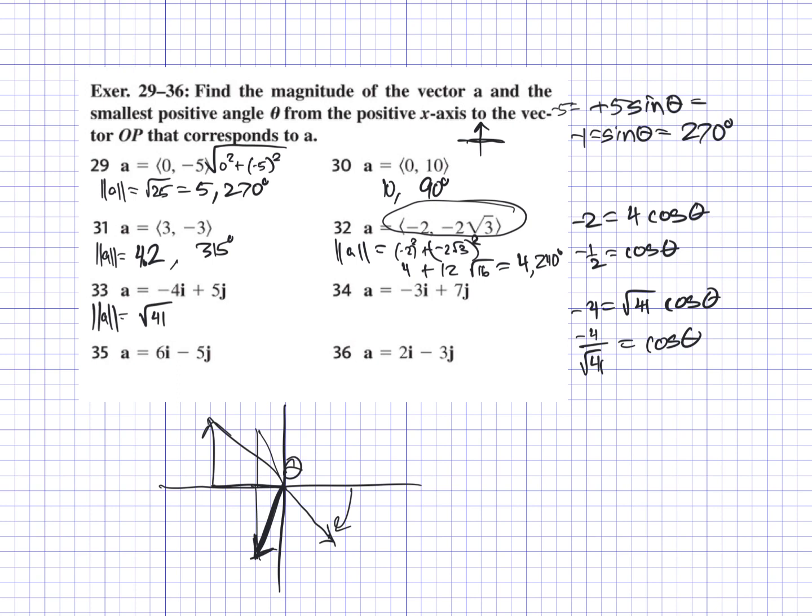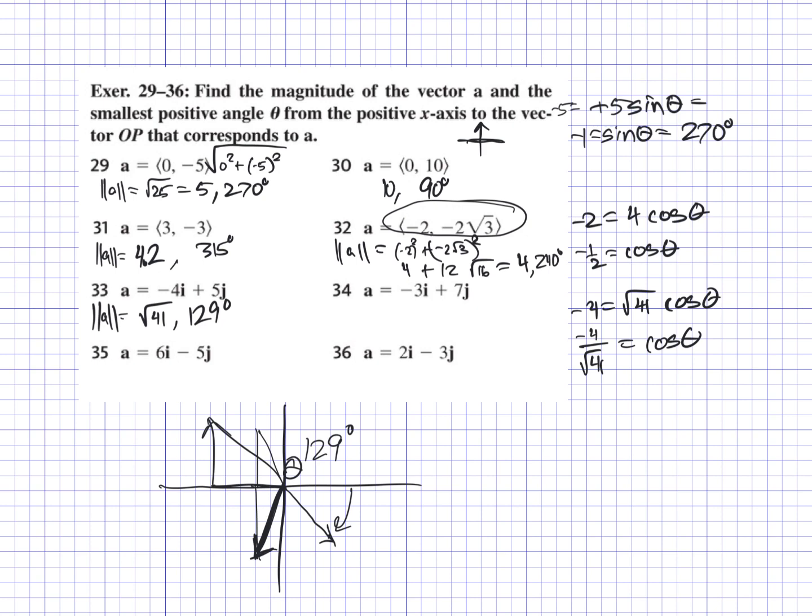I forgot to put the negative on it. I thought I hit it, but it should be 128.7 degrees. So 129. It doesn't say what to round it to, so 129 degrees. That's your theta.